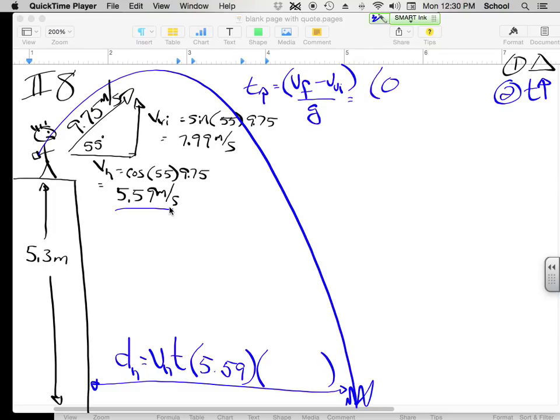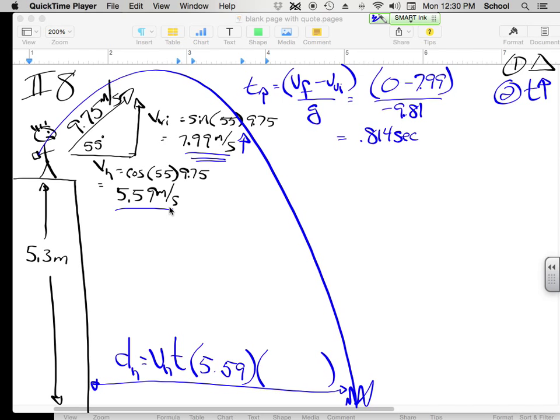For my VVI, out of these numbers, the only one I want is the one that's going straight up, because I'm going into a time up formula. So I make sure I only put in up values. That's going to be 0 minus 7.99 over negative 9.81, and that gives me 0.814 seconds. So it'll take 0.814 seconds to get to the highest point.